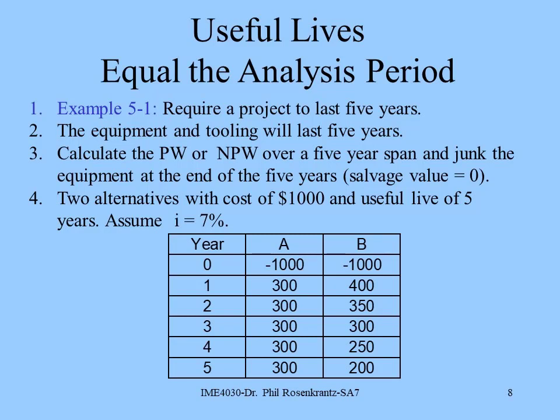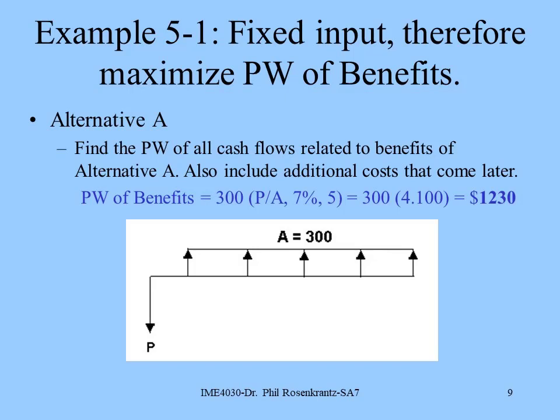Let's go to slide number 9 and go through how we would solve this problem using present worth analysis. Well, we've established here that we have a useful life and an analysis period that's 5 years for both alternatives. And when that's the case, it's real simple. We're just going to find the present worth of the benefits and the costs and compare them.